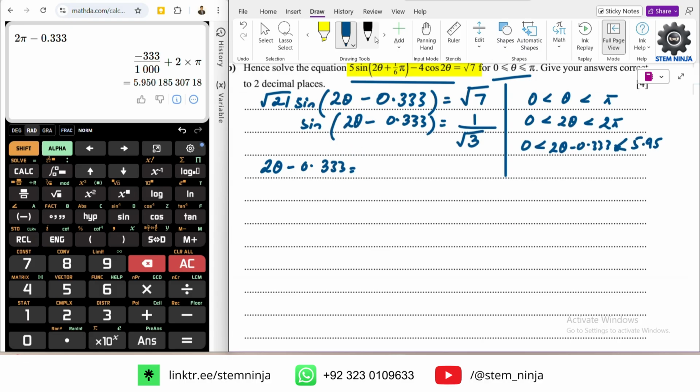Right, so we can do this with a CAST diagram or with the help of the graph. In the CAST diagram, you see this is positive, so we will get 2 possible answers. And we need to go up to 5.95, so a little less than 2 pi. So we don't need to go there because this is positive, so this is just in the first and second quadrant.